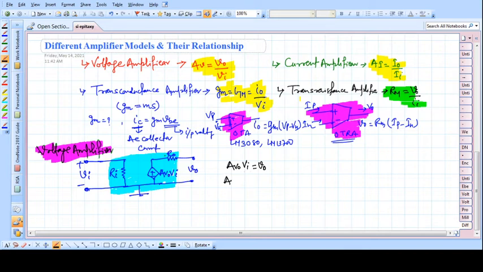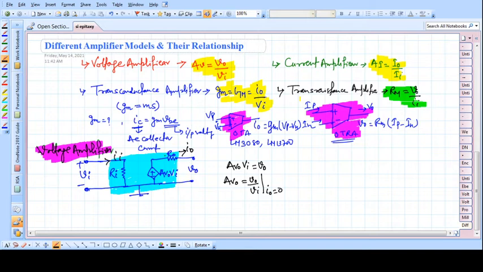In general, the voltage gain AV naught is V naught by Vi, where this current is I naught and this current is II. If we put I naught equals 0, that means this one will be open circuited.